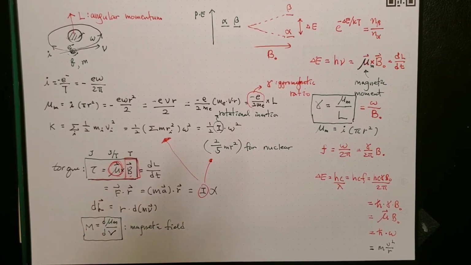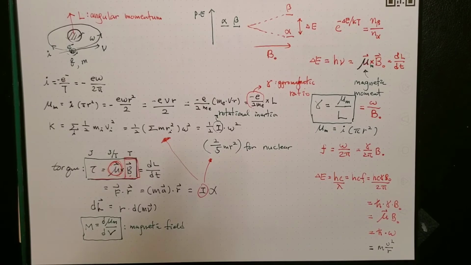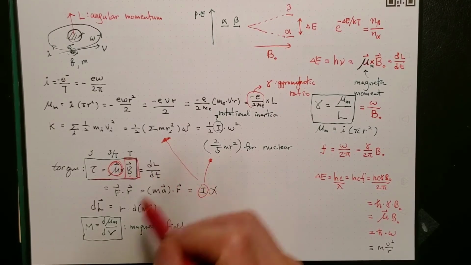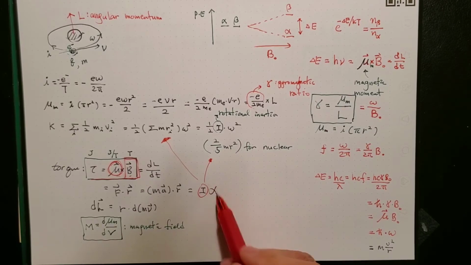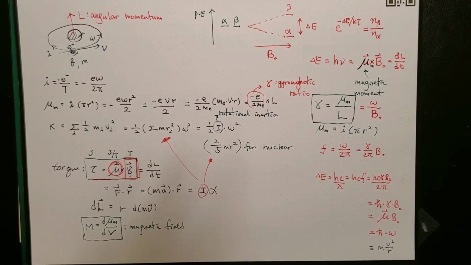And torque in physics also is defined this way, right? The change of the angular momentum over change of the time. And these are the ways of manipulating torques, especially for the rotational object.